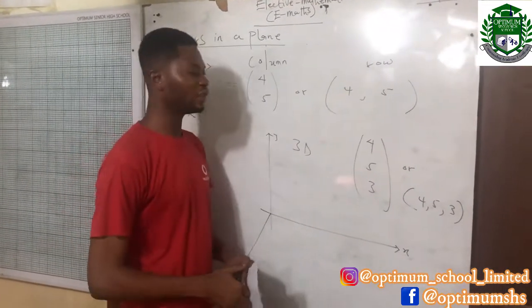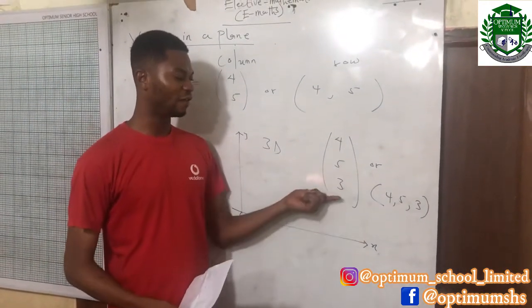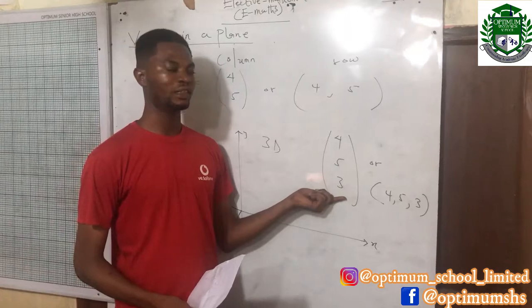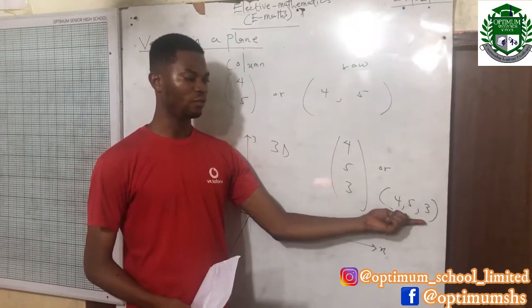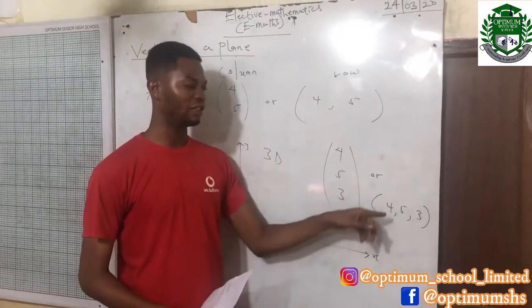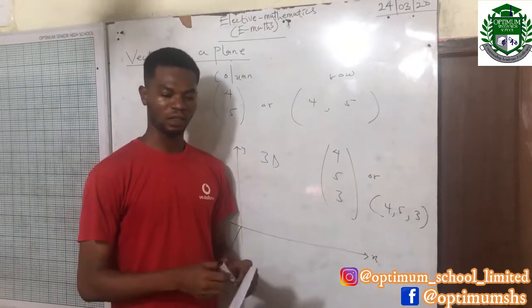So in the column form, since here we are dealing with a three-dimensional Cartesian plane, you realize I've added the z component, and in the same way, in row form, you put the z component, and you separate each of the components with a comma.